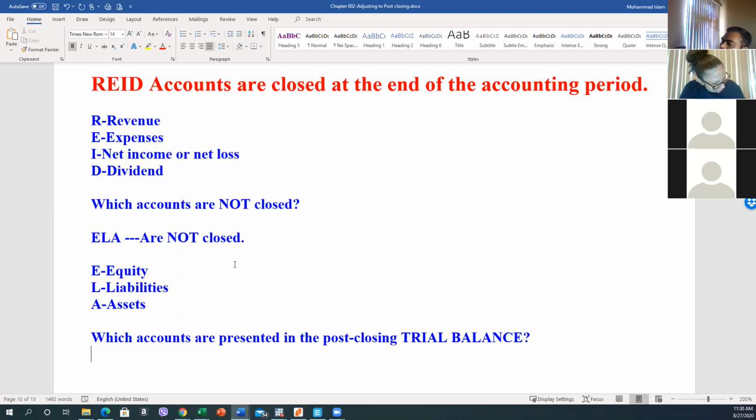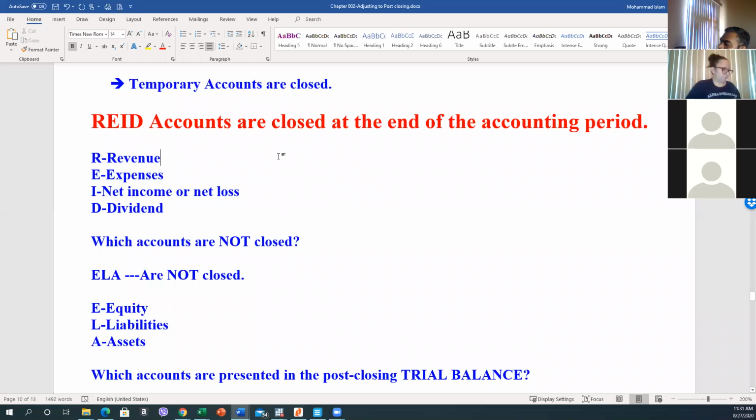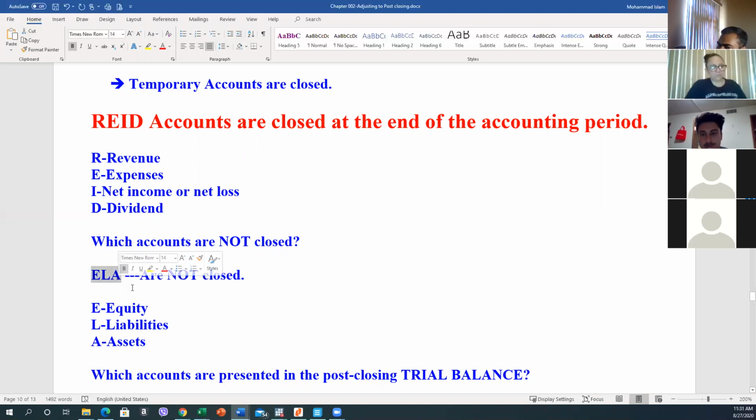Do you have any questions on this? Temporary accounts are closed and they are revenue, expenses, net income or net loss, and dividend. And ELA, equity, liability, and assets are not closed.